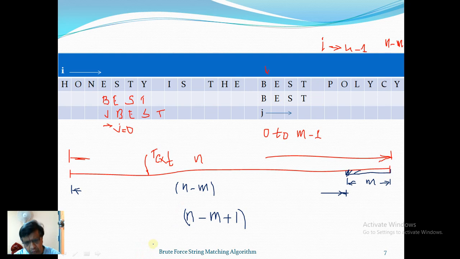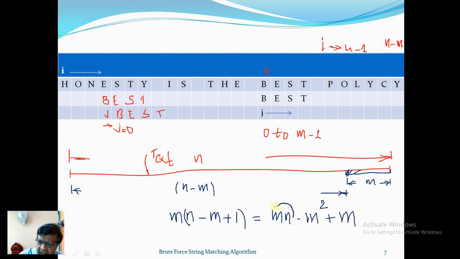And if in every move, in the worst case, as I told earlier, there are m comparisons but it is a failure, then there will be m comparisons in every move. Therefore, if you multiply this, the total number of comparisons is m into n minus m square plus m. This is the total number of comparisons that happens. But anyway, we need to consider the higher order term.